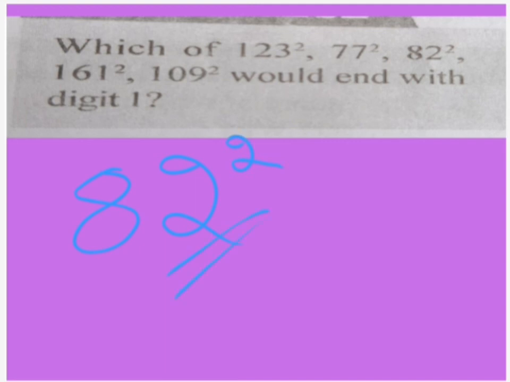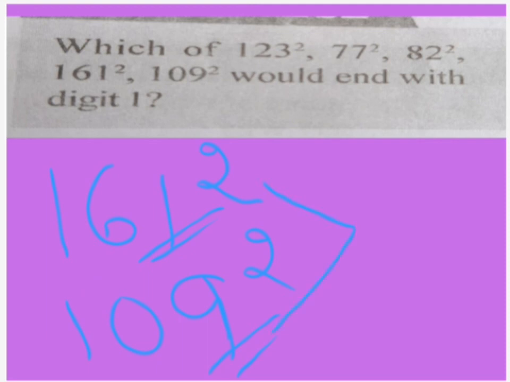When we square this, here also we are not going to get 1. Next two are 161 square and 109 square. Now here 161 has 1 in the unit place, 109 has 9 in the unit place. So when you square these two numbers, your answer's unit place is always 1. So these two would end with digit 1.